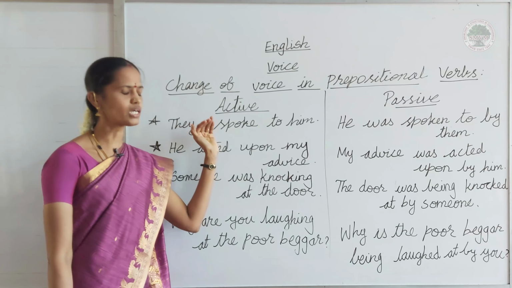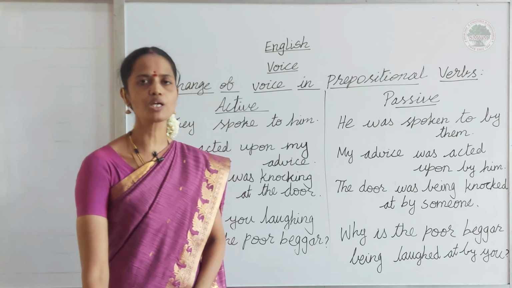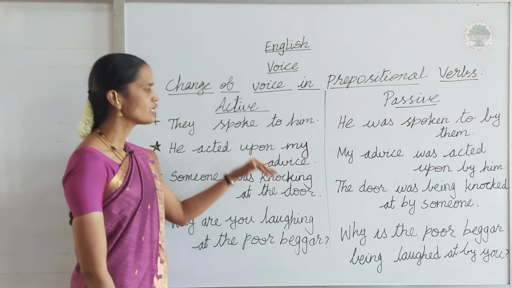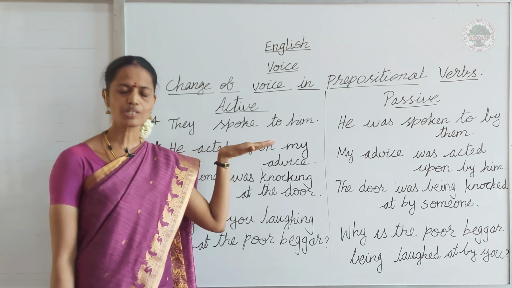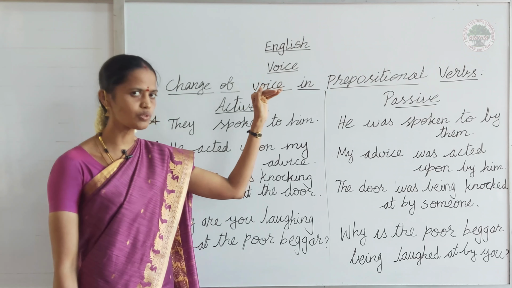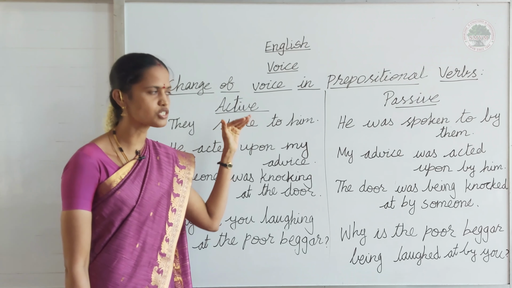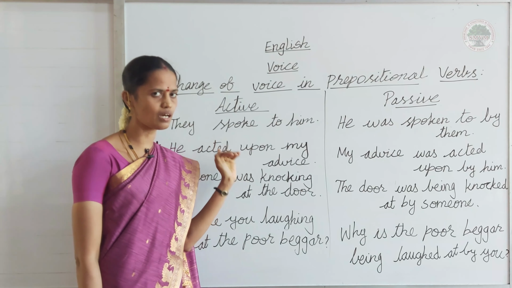Now we are going to see active voice sentences where we have used prepositional verbs. You know very well what is meant by prepositional verbs. Prepositional verbs are nothing but verbs along with which we use a preposition. Okay, that is called prepositional verbs. While we are changing these prepositional verbs into passive voice, what should we do? That we are going to see here.